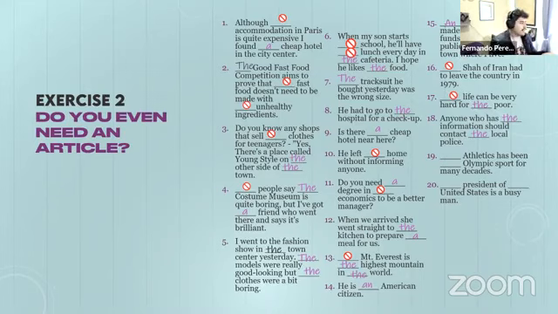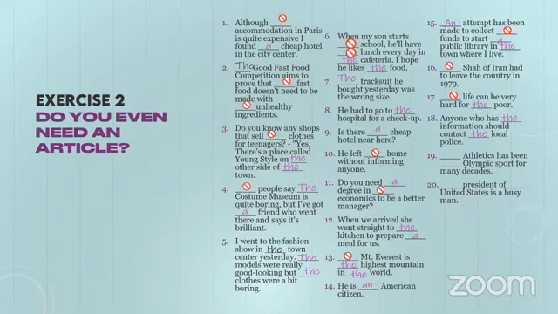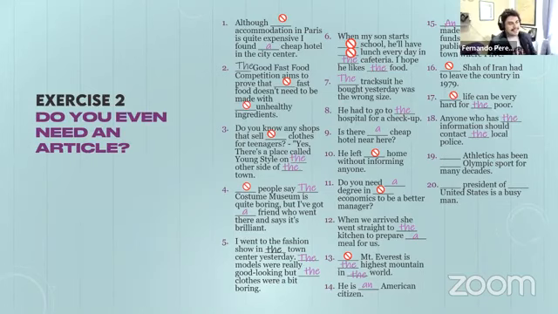Number 19. Who's got it? Athletics has been the principal Olympic sport for many decades. I don't know if it's incomplete. No, this is not incomplete.